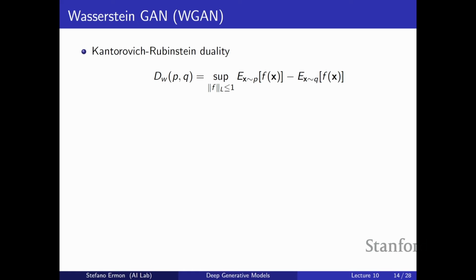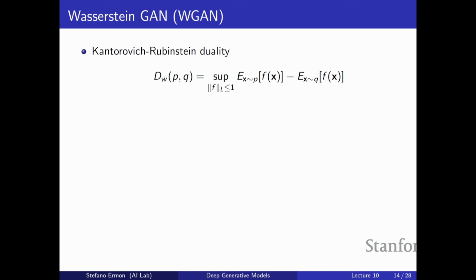And it's possible to show that this Wasserstein distance or Earth mover distance is equal to the solution to this optimization problem, where you have a difference of expectations, one with respect to P and one with respect to Q. So again, it's very similar to the GAN setting.